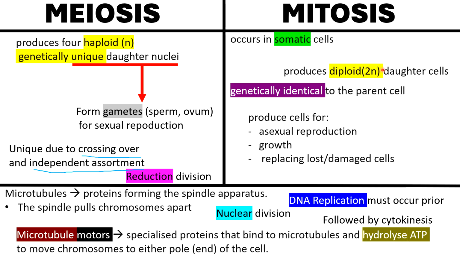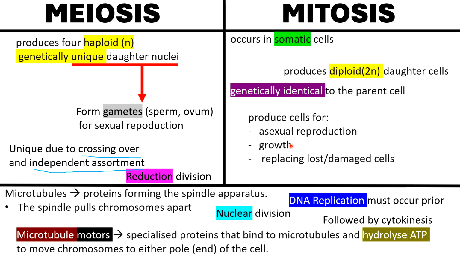Mitosis produces diploid 2n daughter cells, which are genetically identical to the parent cell, because here crossing over and independent random orientation do not occur. This produces cells for asexual reproduction. We know that bacteria reproduce asexually and they produce genetically identical offspring unless mutations occur.